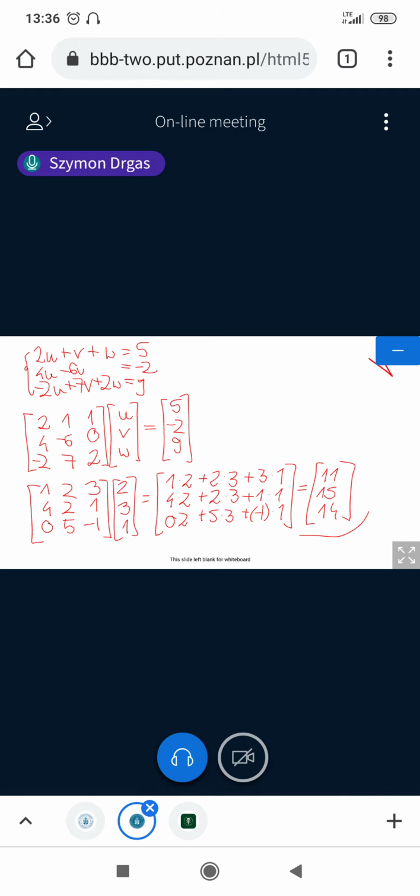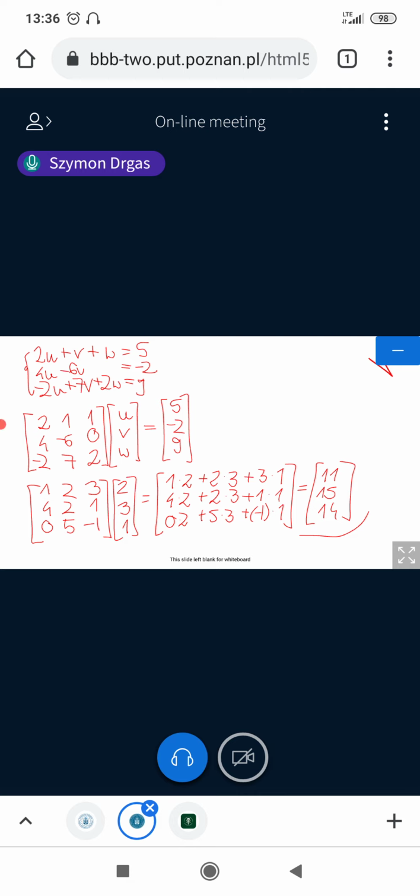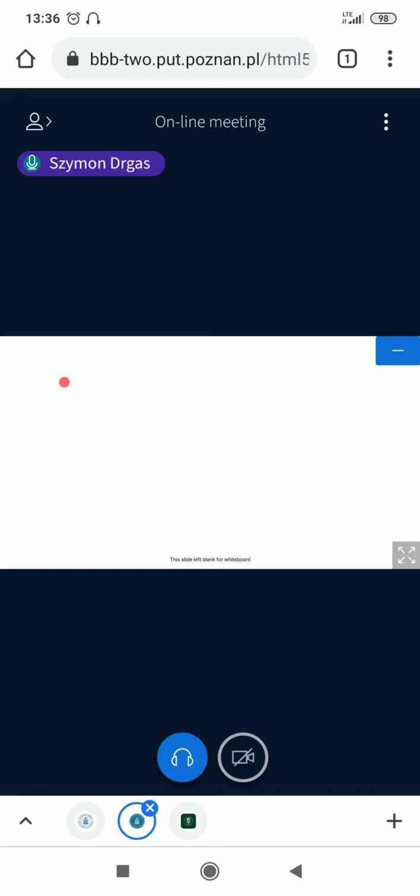And as we know, the left side of the system of linear equations can also be written as a linear combination, so I will write another example.